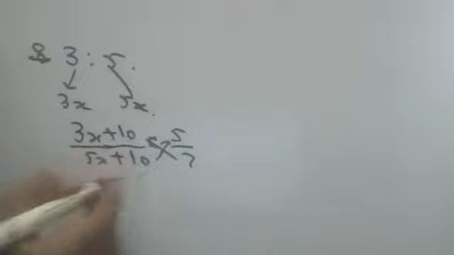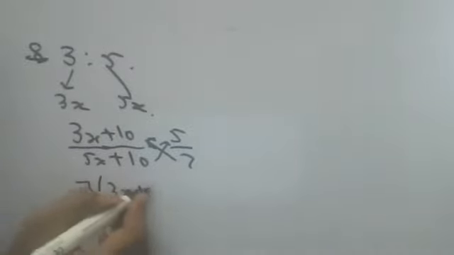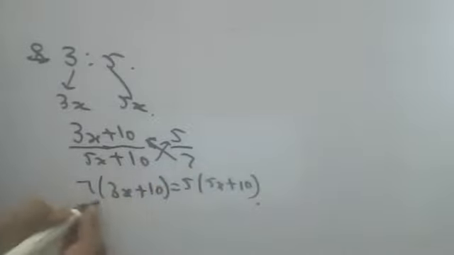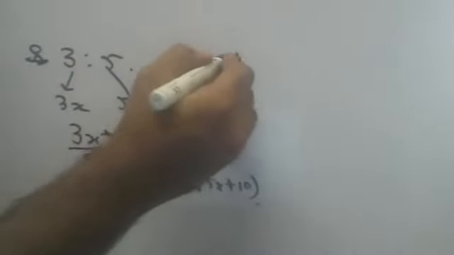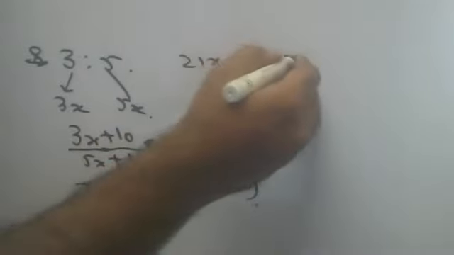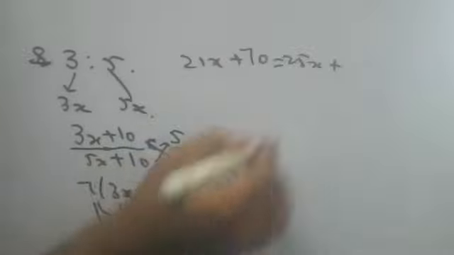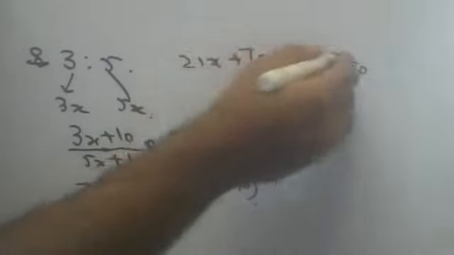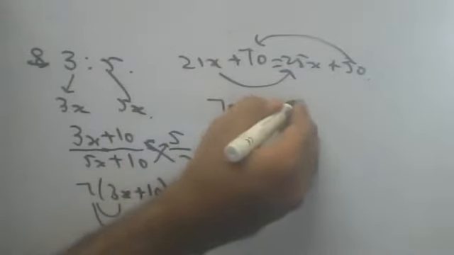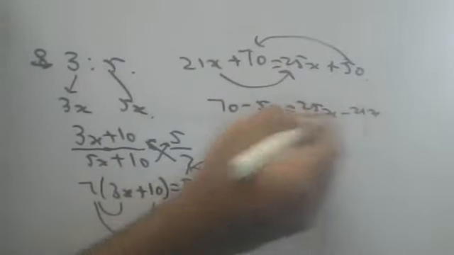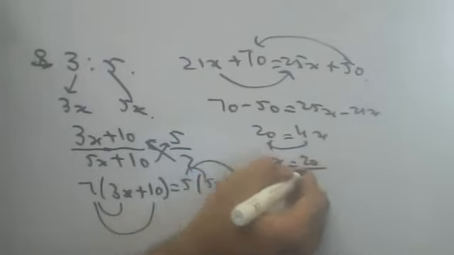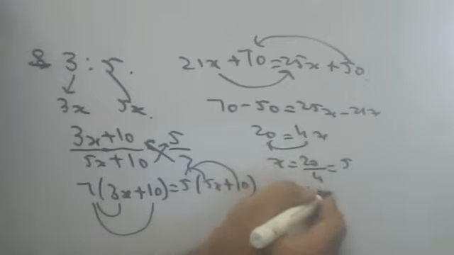This comes here, this goes there. 7 into 3x plus 10 is equal to 5 into 5x plus 10. 7 threes are 21x. 7 tens are 70. 5 fives are 25x, 5 tens are 50. Bring the 50 to one side, x's to the other side. 70 minus 50 is equal to 25x minus 21x. 20 is equal to 4x. 4 will come down. x is equal to 20 by 4. x is equal to 5.